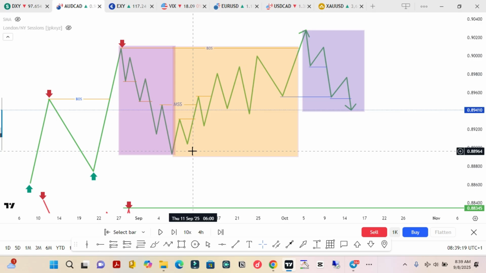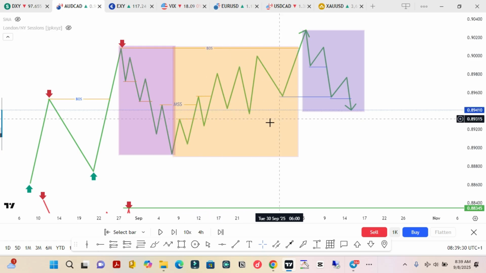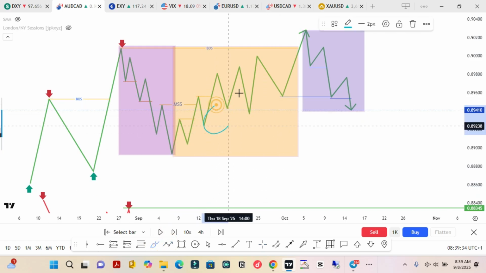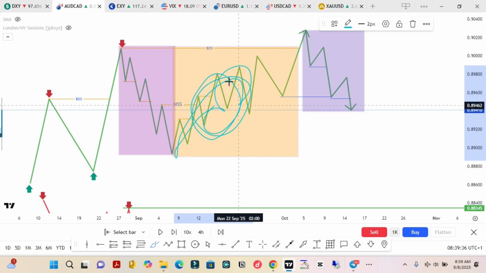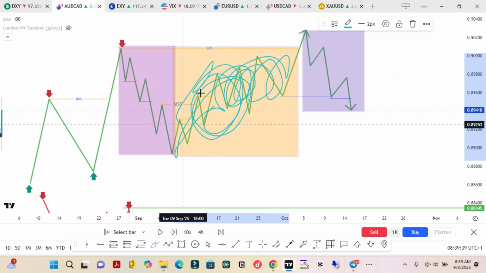Maybe you are using moving averages, fair value gap, flip zone, demand and supply zone, support and resistance, sweep of liquidity. You apply all of these within this zone. This point is the place you are going to be applying all those things.